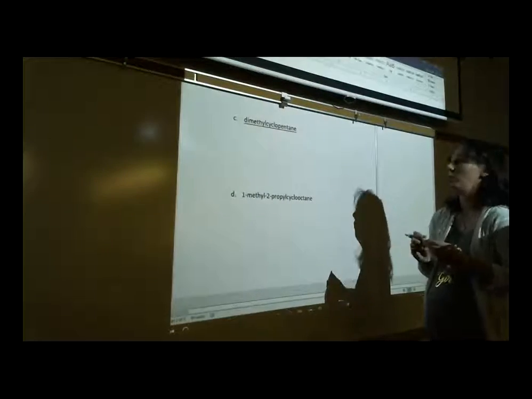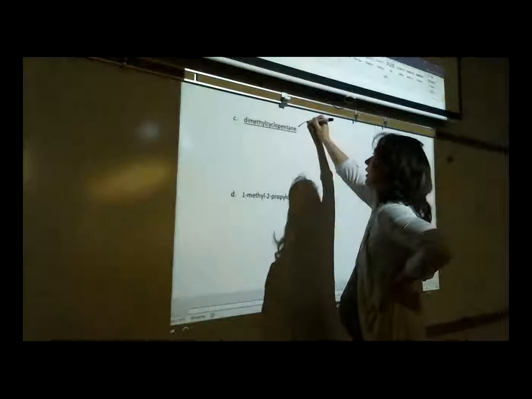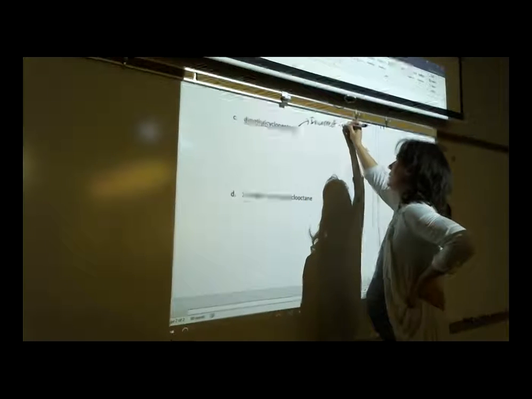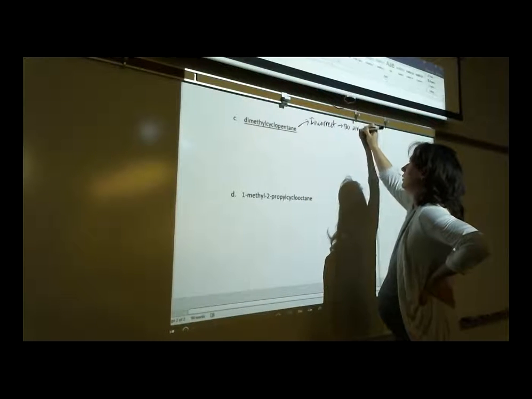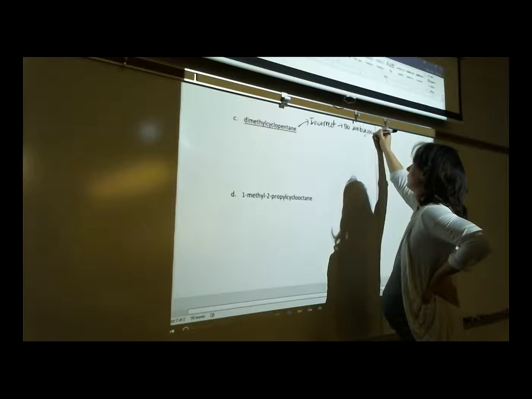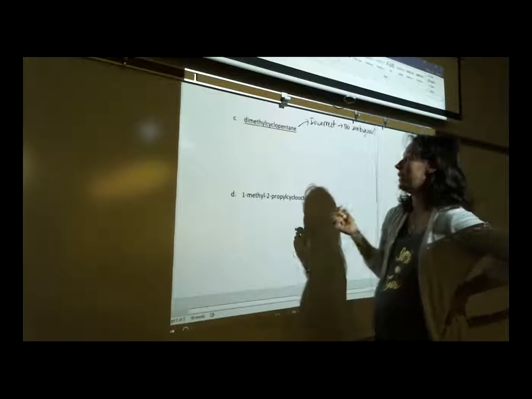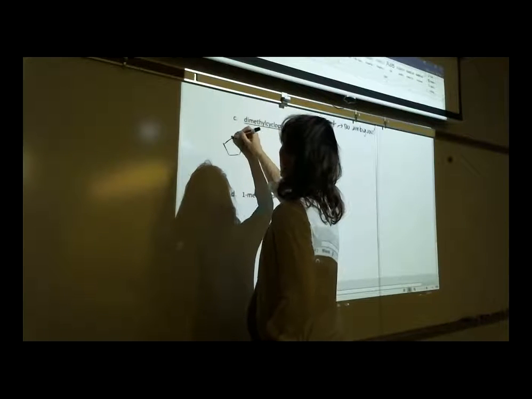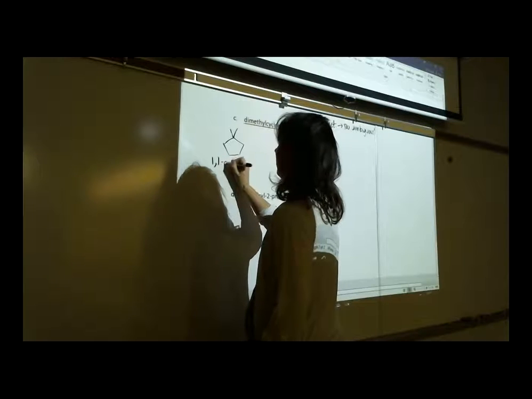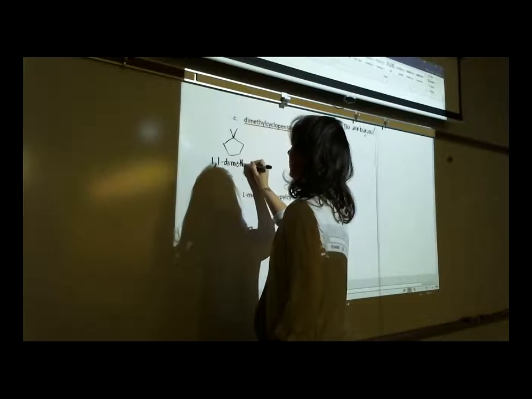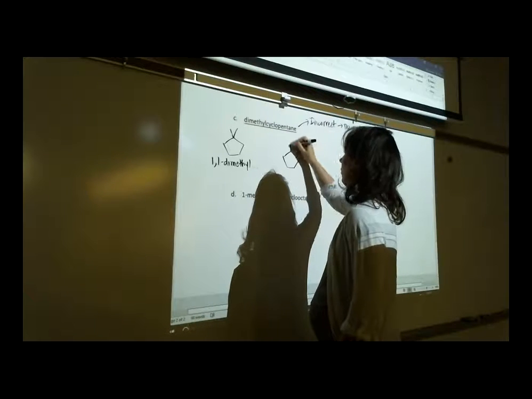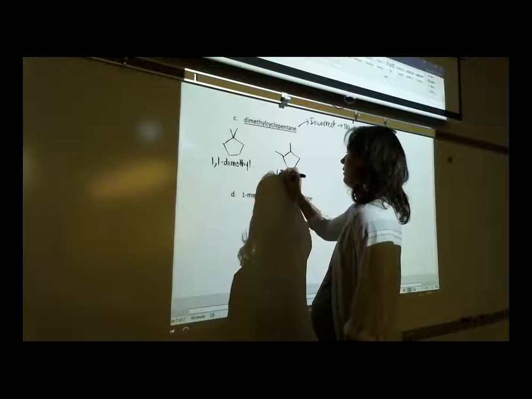Of part C. Dimethylcyclopentane. Is that name correct? No. Why is that incorrect? This is a really common mistake. Right. This name is way too ambiguous. Because to have a cyclopentane with 2 methyl groups, I could have 1, 1, right? But I could also have 1, 2, right?